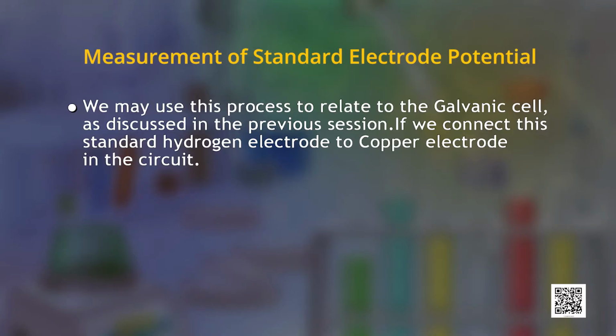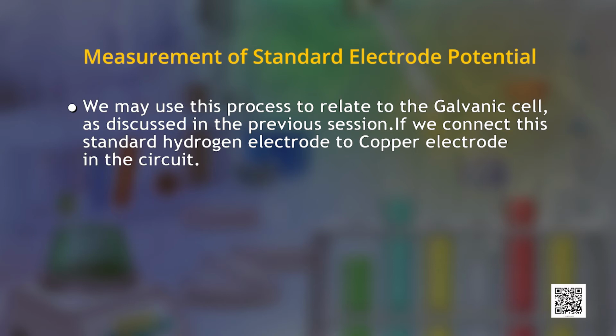Let us find how to calculate standard electrode potential of an unknown electrode. Now that we know that standard hydrogen electrode acts as the reference electrode, it can now be used along with another electrode to construct an electrochemical cell. And this way, the electrode potential of the unknown electrode can be measured. We may use this process to relate to the galvanic cell as discussed in the previous session.